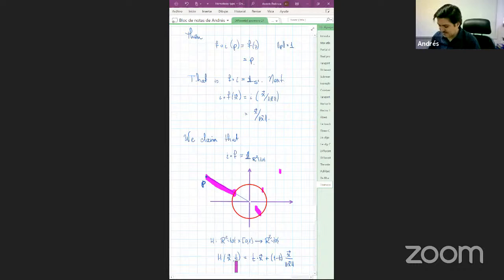And now at t equals to 1, I get the identity, right? So with this function, I'm just moving like this in time until I get here. If this is my point, I'm moving until I get here.